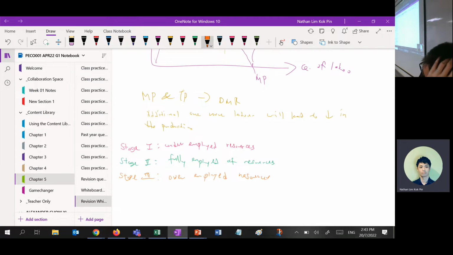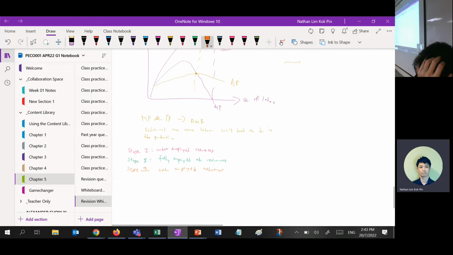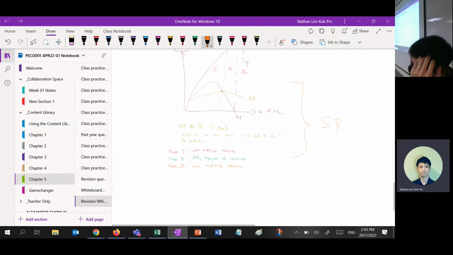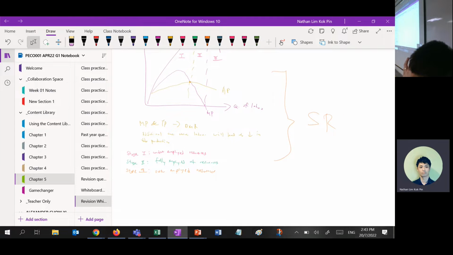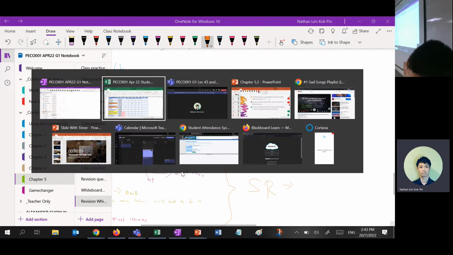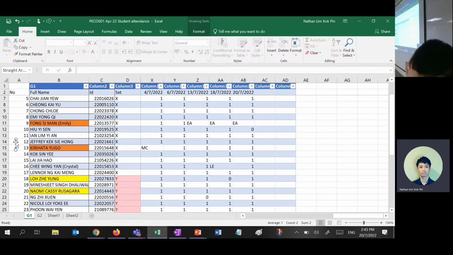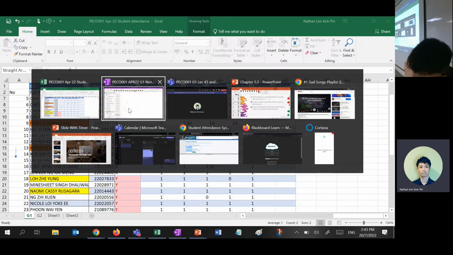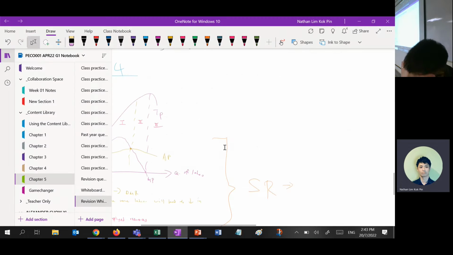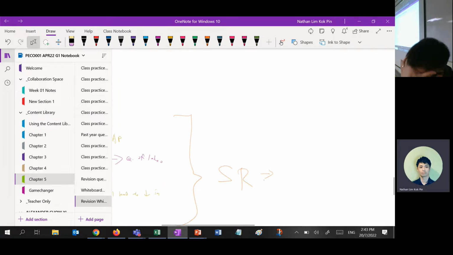All these are inside the short run. Short run refers to what? I ask you.